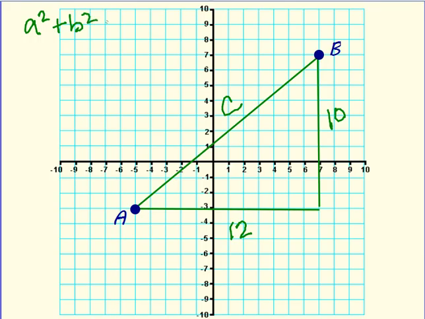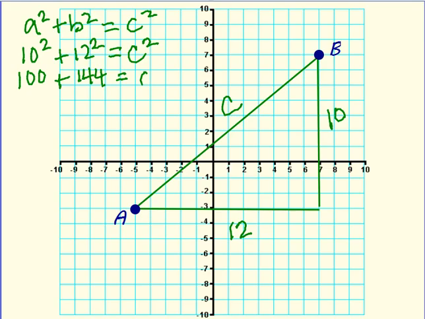A squared plus B squared equals C squared. I'm going to do 10 squared plus 12 squared equals C squared. That's going to give me 100 plus 144 equals C squared. Combining like terms, I'm going to switch this around. I'm going to get C squared is equal to 244.